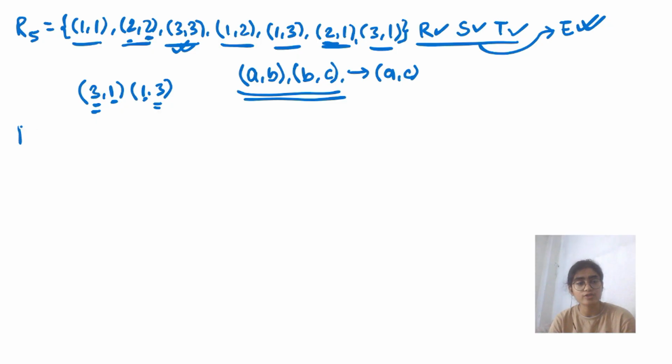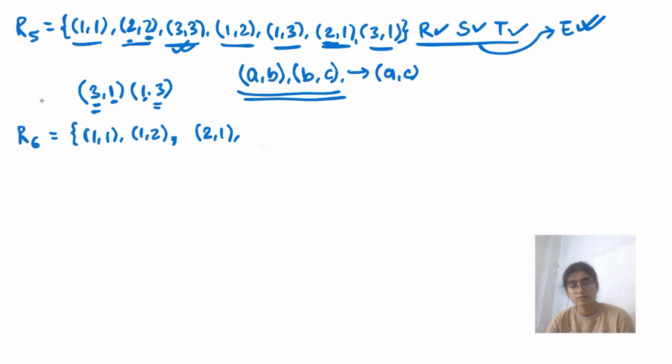Now let's see the next relation, that is R6. The relation contains (1, 1), (1, 2), (2, 1), (2, 3), (3, 1), (3, 2), and (3, 3).